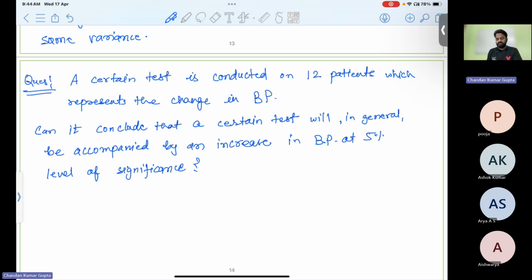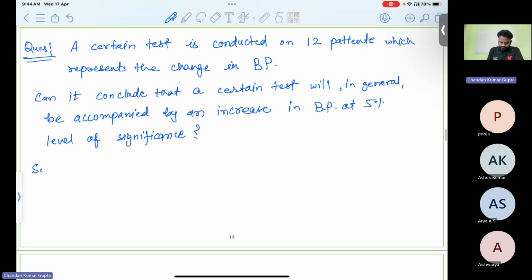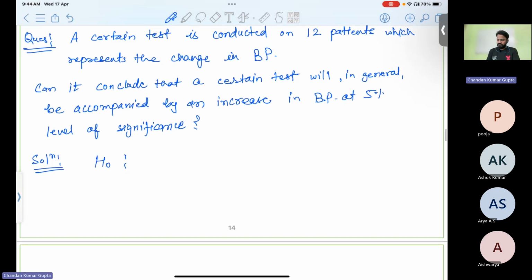We first define what is given in the question, then we define the hypothesis, then the test statistic is calculated, then the tabulated value, and at last the conclusion. So here we are given n equal to 12, and we are also given the data. Let me first define the hypothesis on this page. Let me write D, which is the increase in BP.